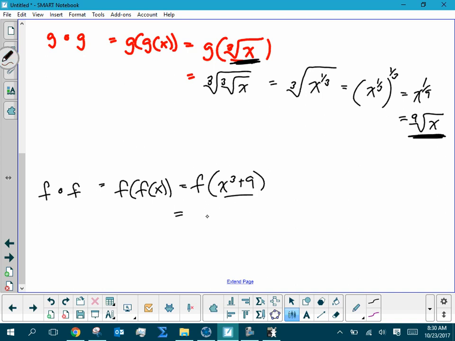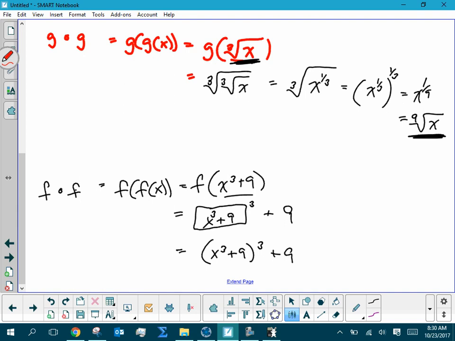The f function has this format where I've got something cubed plus 9, and that something has got to be this x cubed plus 9. So I'm going to have x cubed plus 9 to the 3rd plus 9. My suggestion to you: just leave it that way.